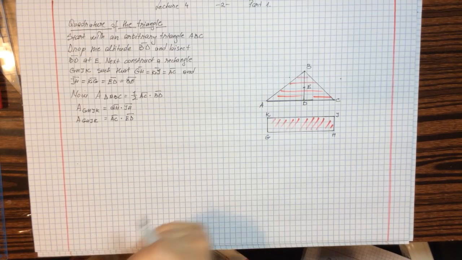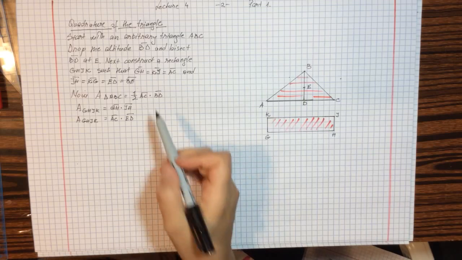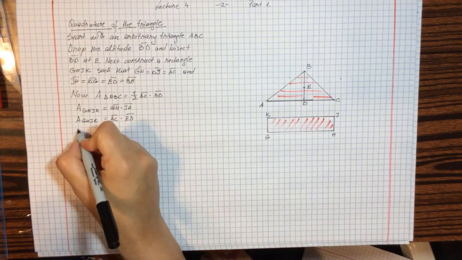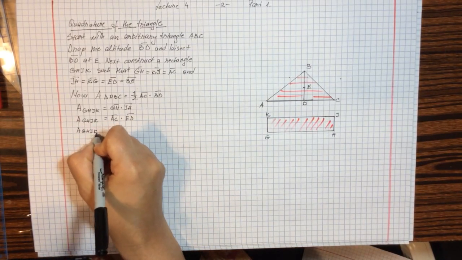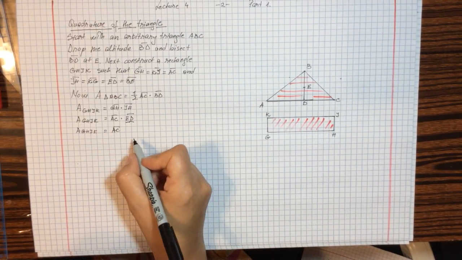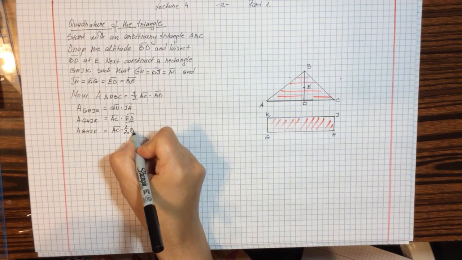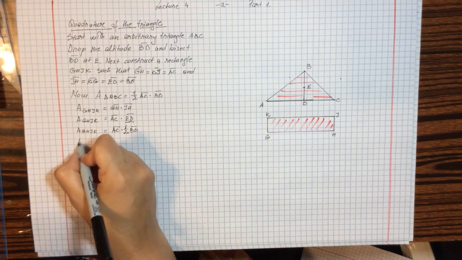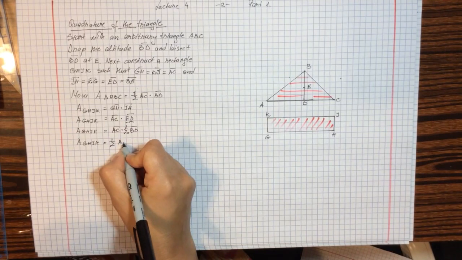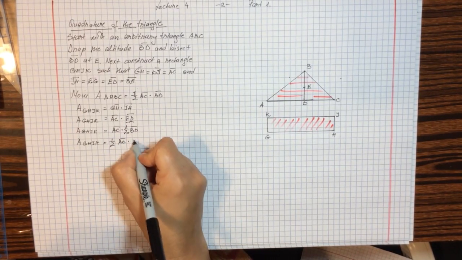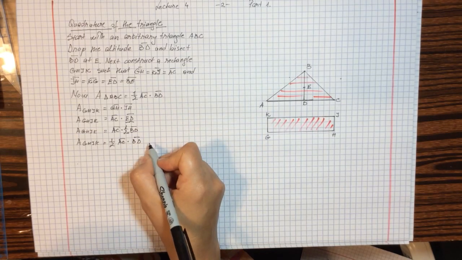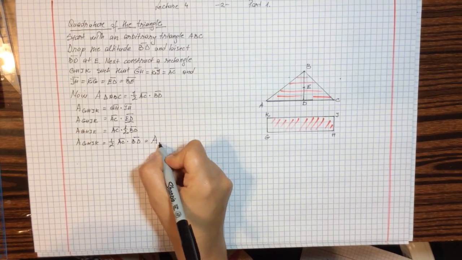Okay. Well, ED is half BD. So area GHJK, I'm going to leave the AC alone, but ED is half of BD. So area GHJK, if you bring the half in front, is equal to half times the length of AC times the length of BD, but this is the same as the area of our triangle, and then we are done.